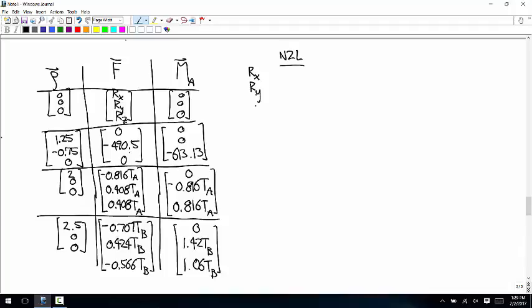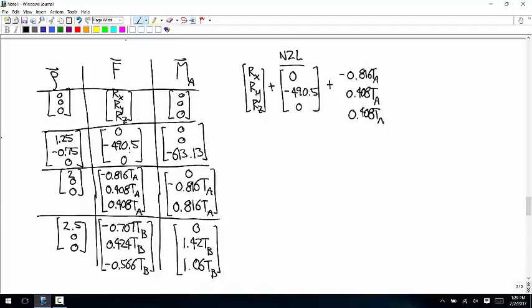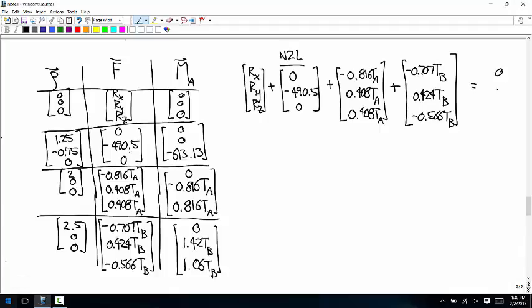So Rx, Ry, Rz, plus 0, negative 490.5, 0, plus negative 0.816 TA, positive 0.408 TA, positive 0.408 TA, plus negative 0.707 TB, positive 0.424 TB, negative 0.566 TB, is equal to the 0 vector.